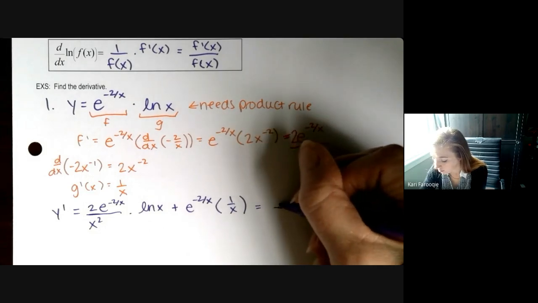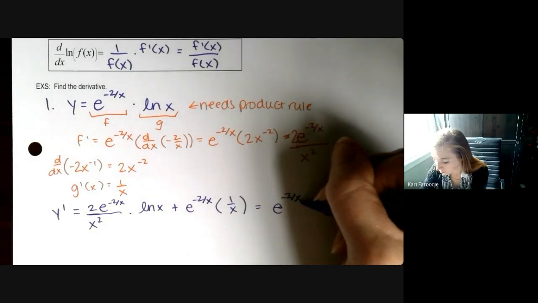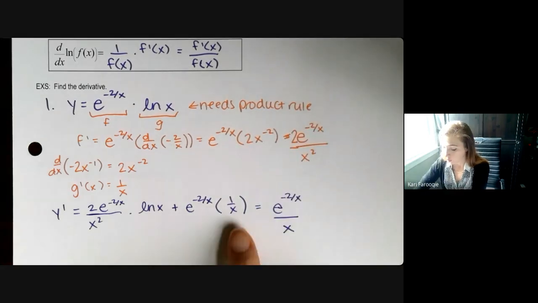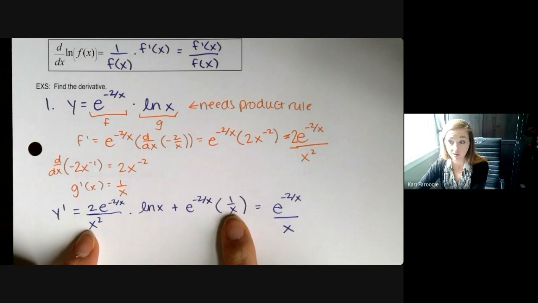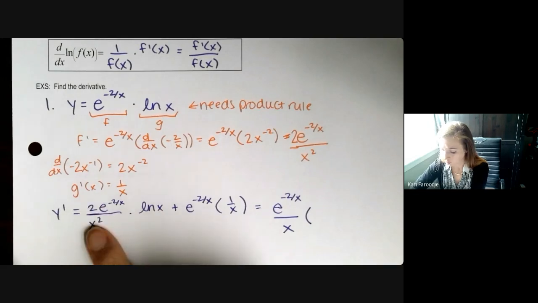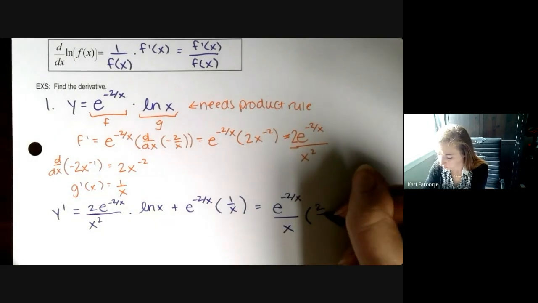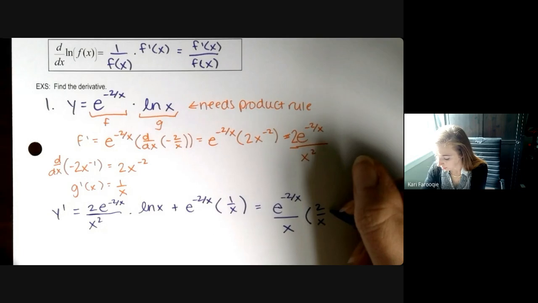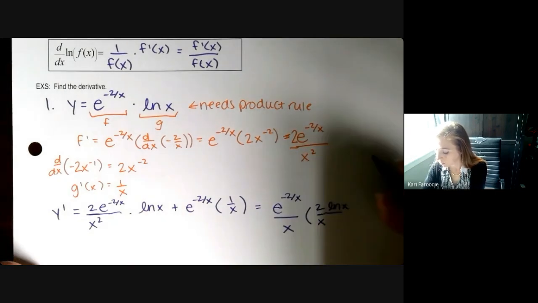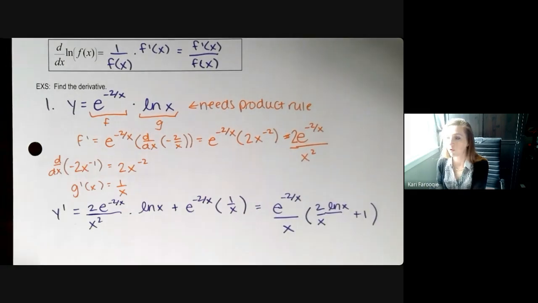So if you wanted to, you could rewrite this as e to the negative 2 over x, because they both have x's in the denominator. So we're going to take out one of them. And then what that would leave you with would be 2 over just 1 power of x, ln x. And then this whole thing would be gone, so you just multiply by 1.